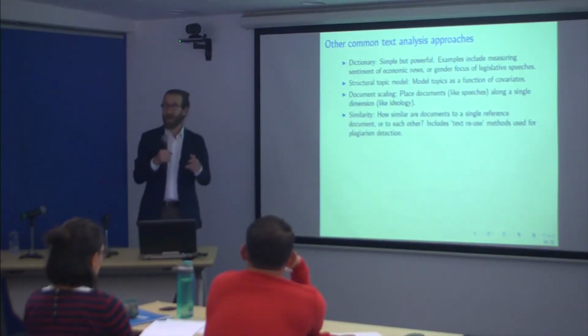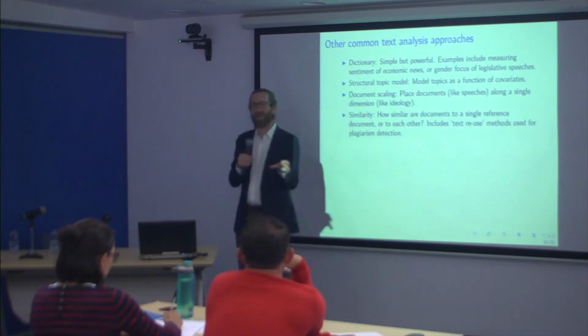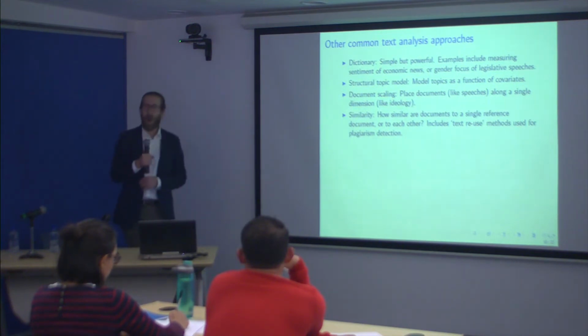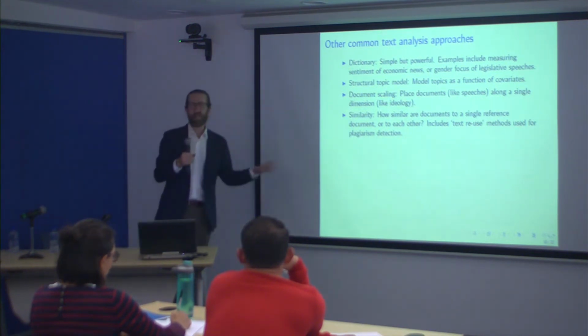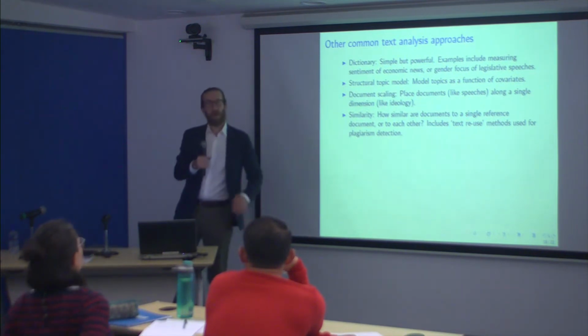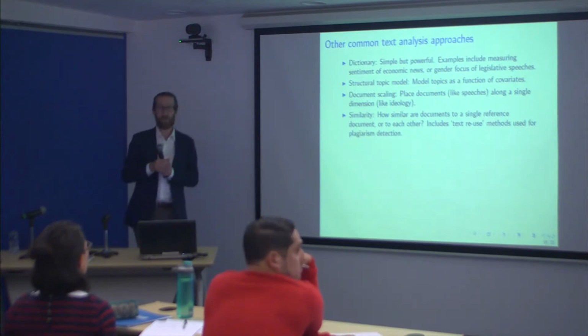You can measure that sort of similarity. Or let's say you have one reference document that's really important, and you want to know how influential it is. Let's say 10 years ago somebody gave a speech, and that speech is super important. Maybe you want to measure how similar all your other documents are to that speech. You can do that.